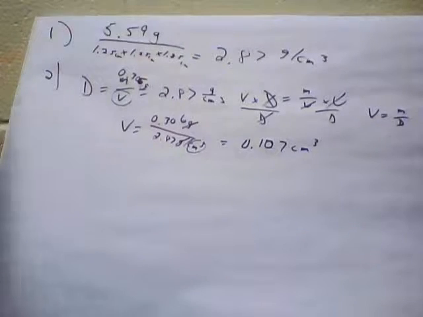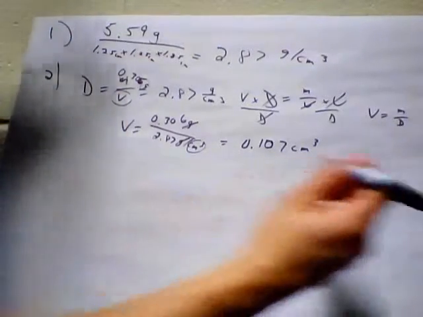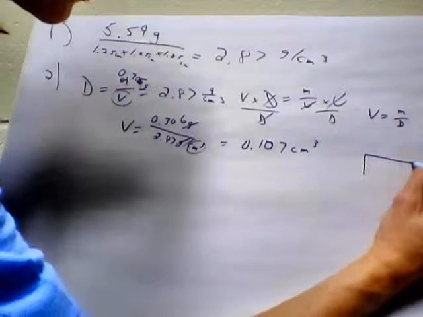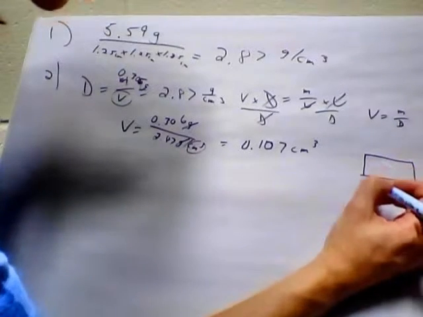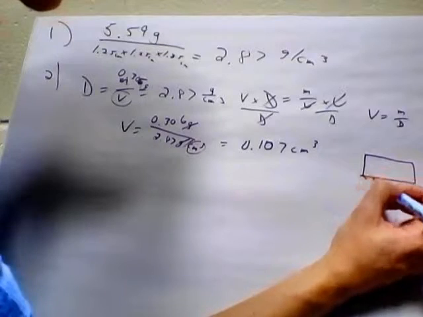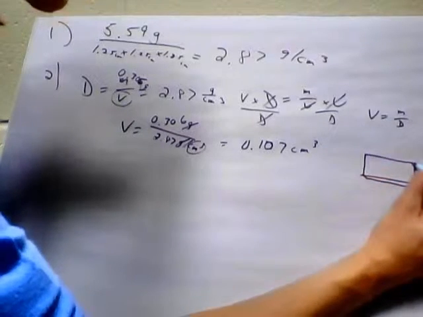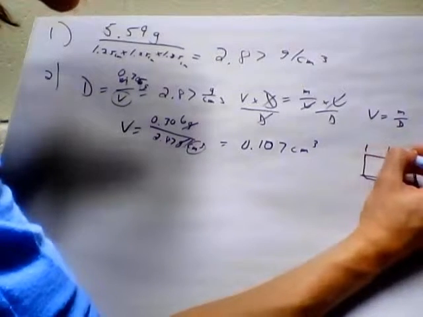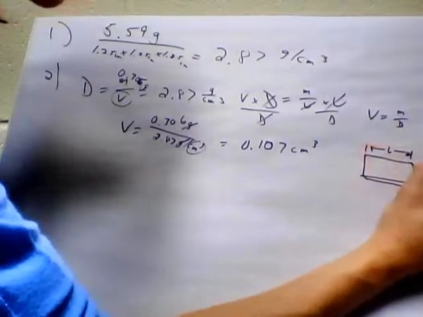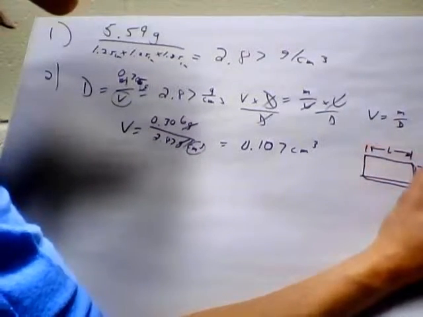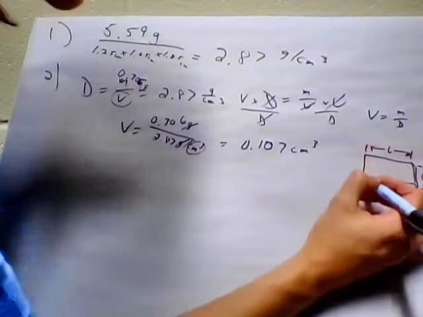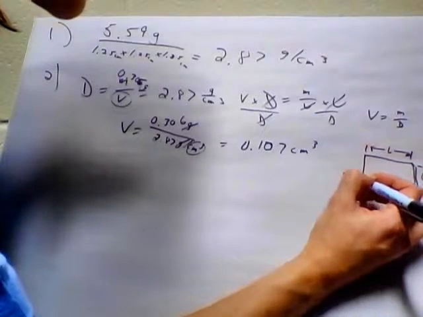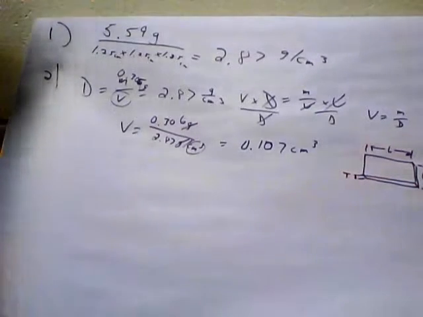All right, number 3, the thickness of the aluminum foil. I know that my aluminum foil is this rectangular piece of foil, and let's see how my art skills are here. I know that I can measure the length. I know that I measured the width, but the height or the thickness was too thin to get with the ruler.